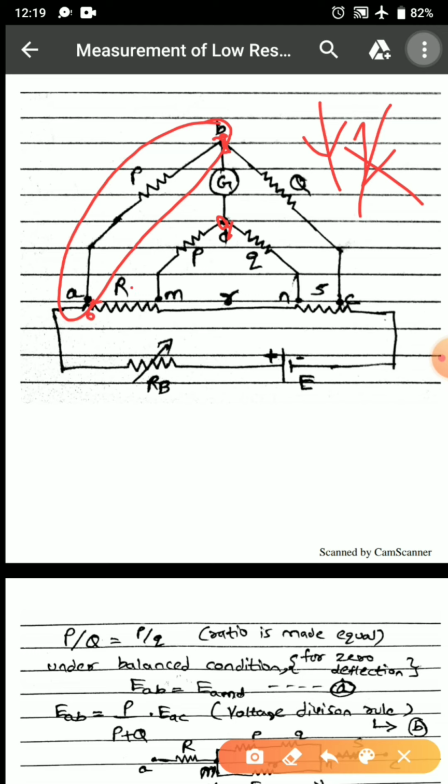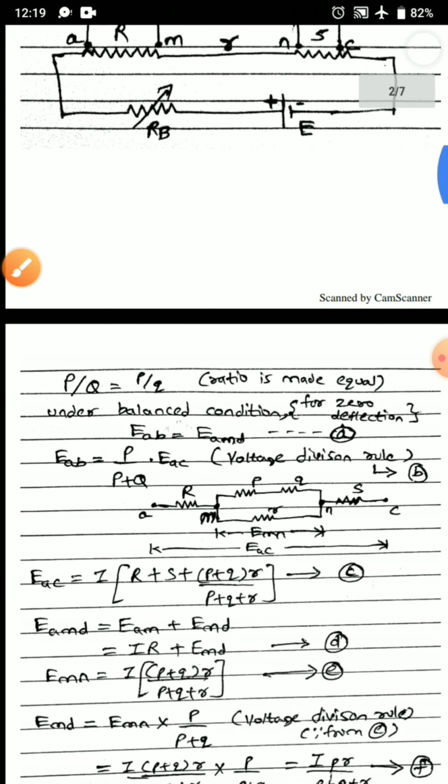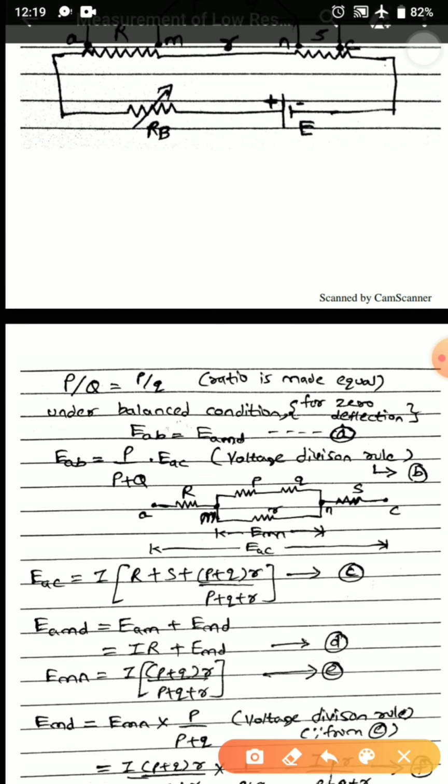So I can tell the potential drop between point A and B and the potential drop between point A and D are equal. Why? Because A is a common point and B and D are at the same potential. Therefore I can say EAB is equal to EAMD, and this is only possible at the balance condition. Balance condition means the galvanometer will be showing 0 deflection. I have marked this as equation A.